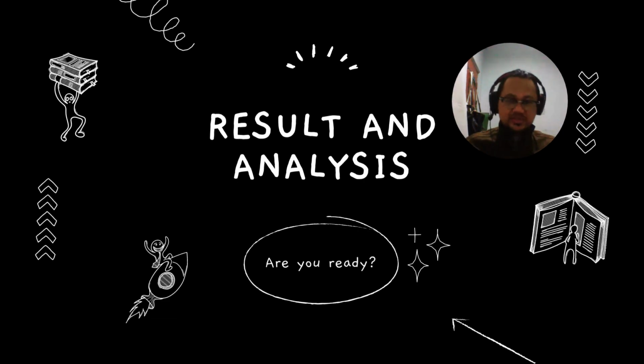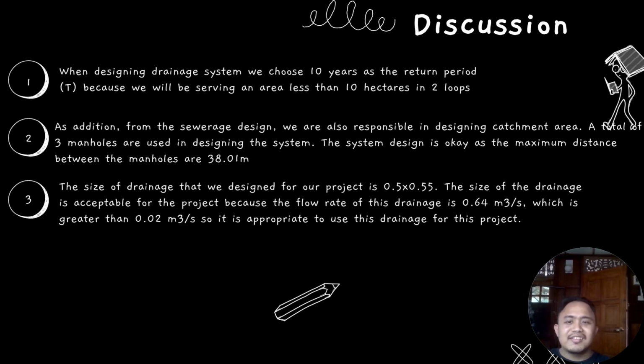Okay, next I will explain the result and analysis for the water reticulation. As discussion, when designing the drainage system, we choose 10 years as the return period because we will be serving an area less than 10 hectares in two loops. In addition, from the sewerage design, we are also responsible for designing the catchment area.